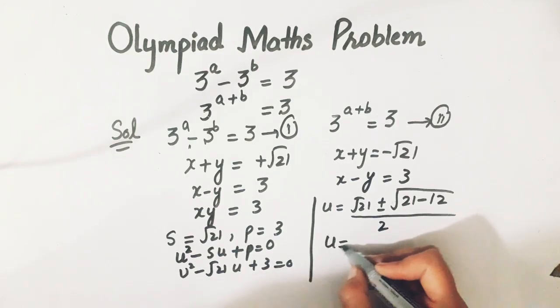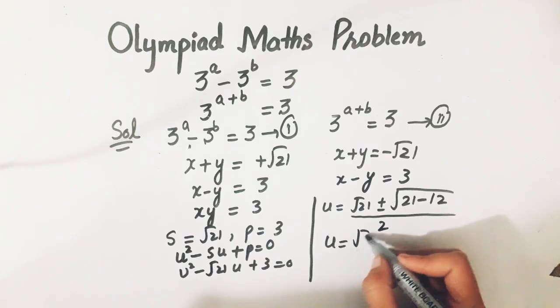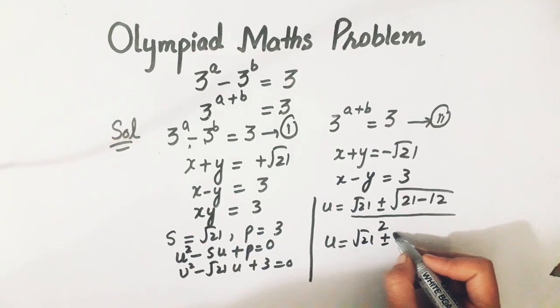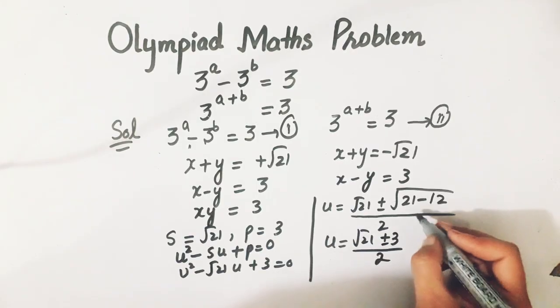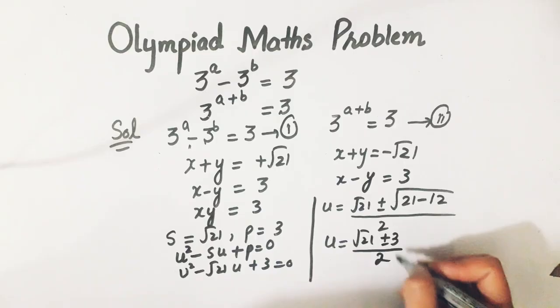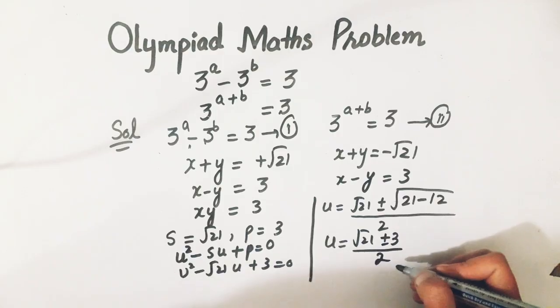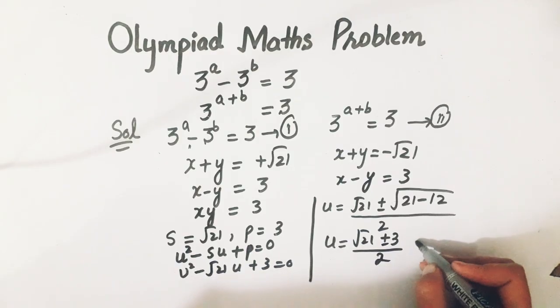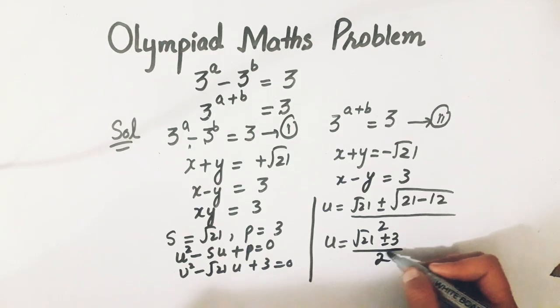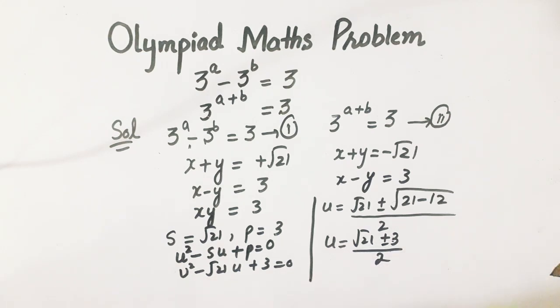So u equals root 21 plus or minus 3 divided by 2, because 9 is the square of 3. So you get two values, there are two roots.